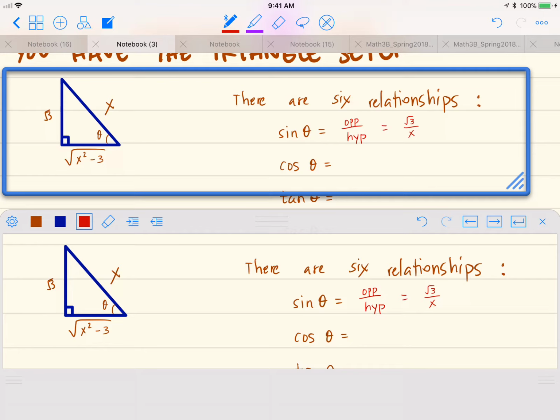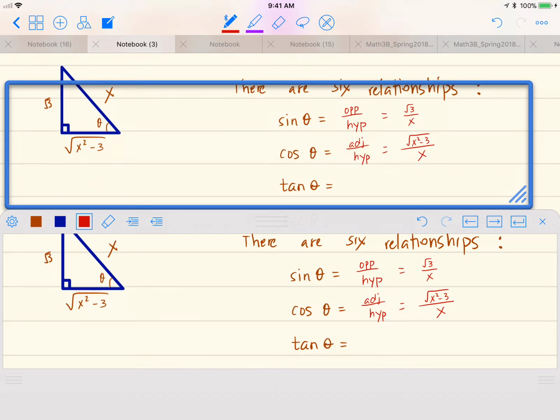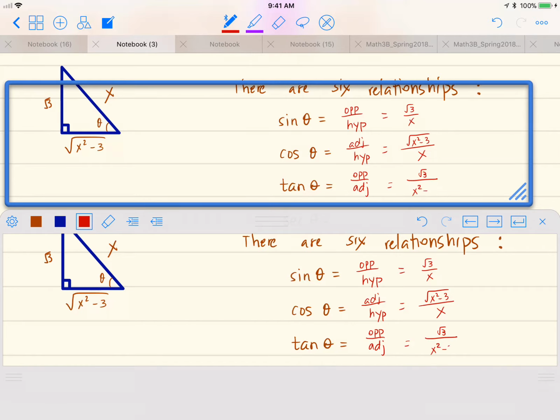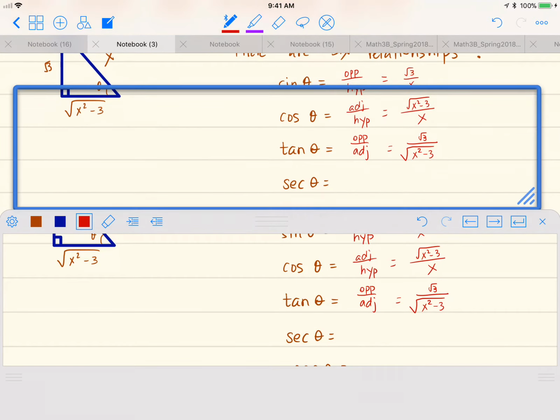Cosine is adjacent over hypotenuse, so that's going to be the square root of x squared minus 3, over x. Tangent is opposite over adjacent, which is root 3 over the square root of x squared minus 3.